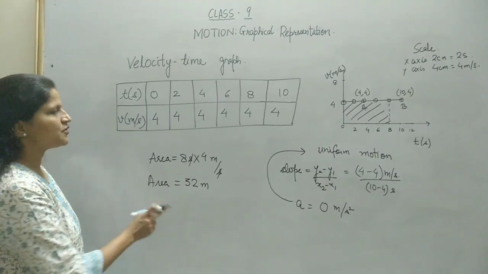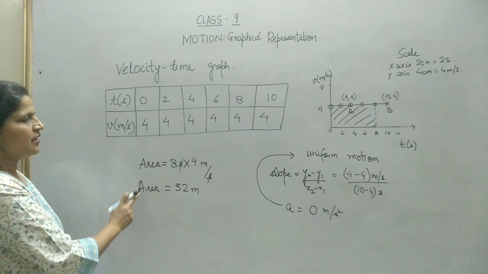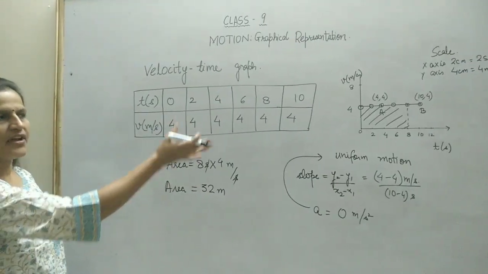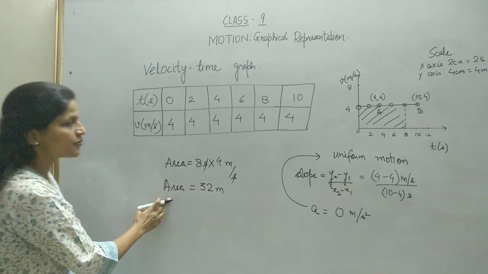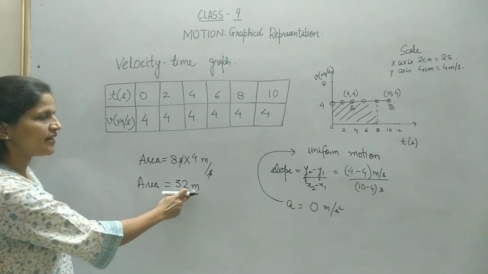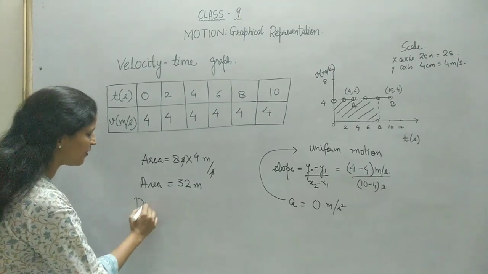So 32 meters. When we find out the area bound by the graph and the time axis, we are getting a physical quantity which is in meters, and this is actually the displacement of the body.